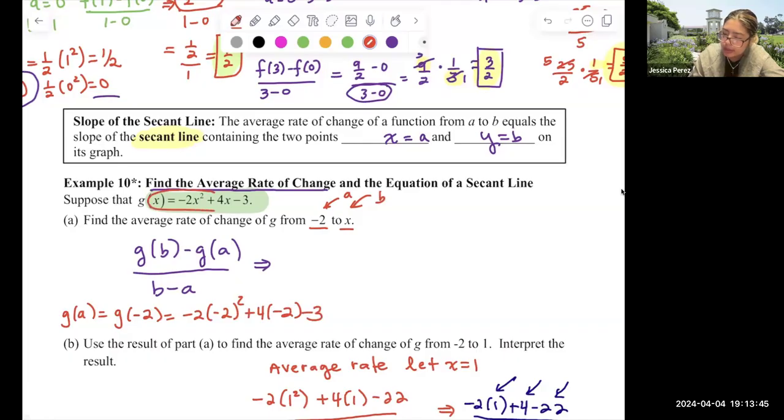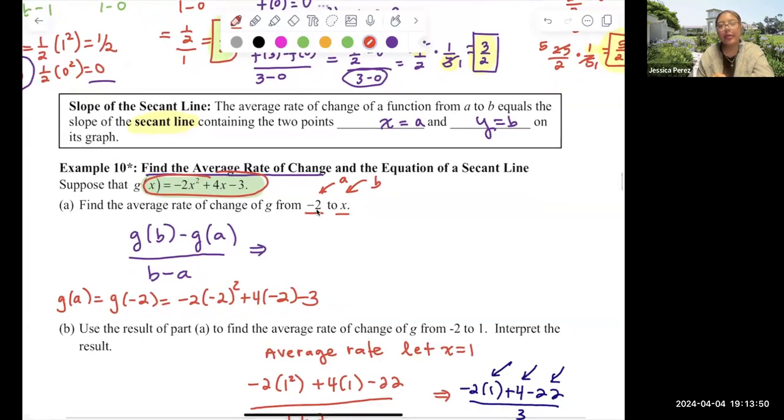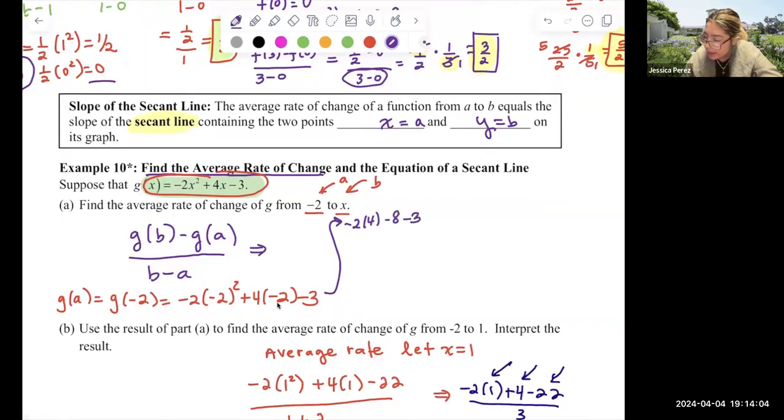I'm applying that to this equation. I have to let a be -2, so I'm substituting that in here. Then I'm going to get -2 times 4 minus 8 minus 3. So that's -8 minus 8 minus 3.